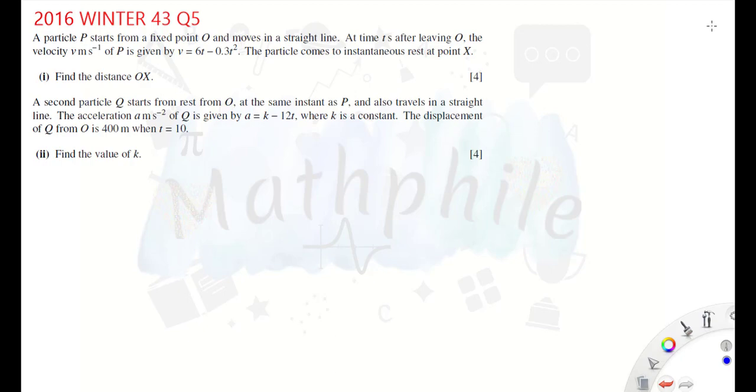At that instant, it's at rest. So first I want to find the time taken. So I'll equate my velocity function to zero.